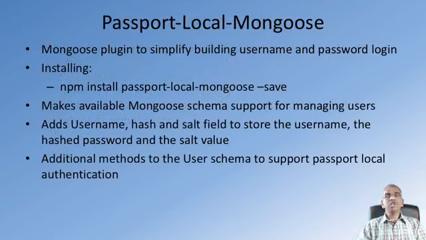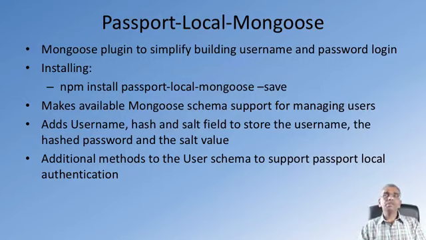If you are using MongoDB as the backend store, then to help us with the Passport Local strategy, there is another module called Passport Local Mongoose. The Passport Local Mongoose module provides a Mongoose plugin which will simplify the username and password login.